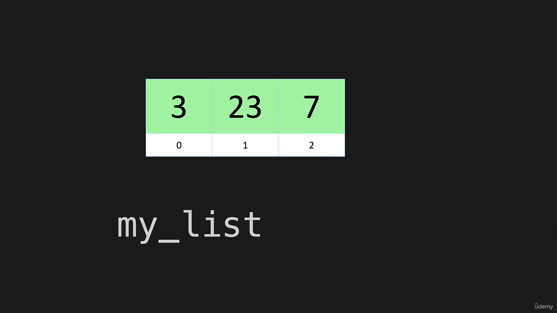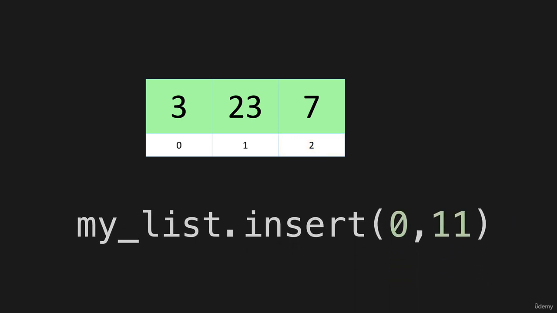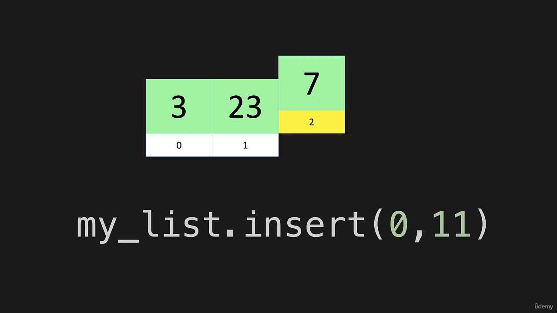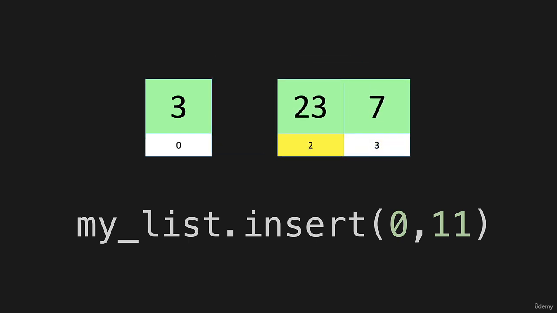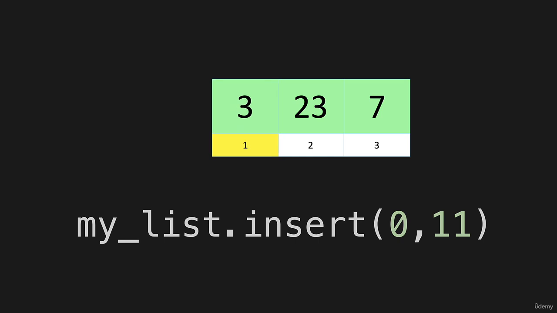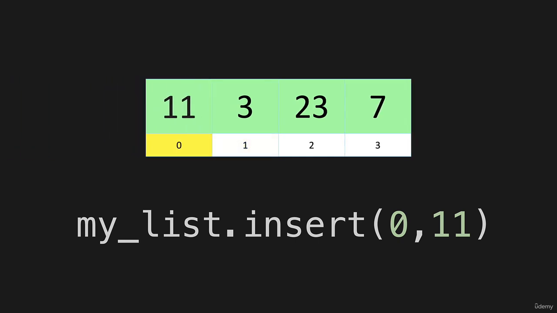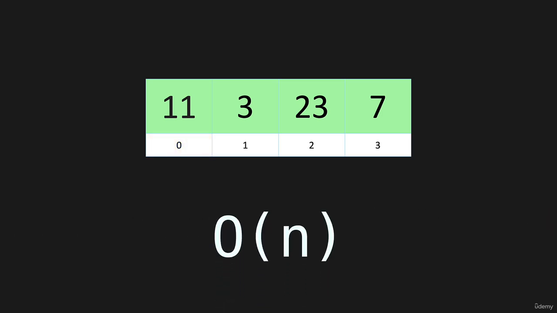The same is true if we're going to bring that item back, and we say insert at the index of 0 the value of 11. We're just going to bring that same 11 back. In this case, we have to re-index the 2 like this, and the next one all the way down the line in order to be able to put this one right here. So it doesn't matter if you're removing or if you're adding to a list, it's O of n. And n in this case is the number of items in the list.